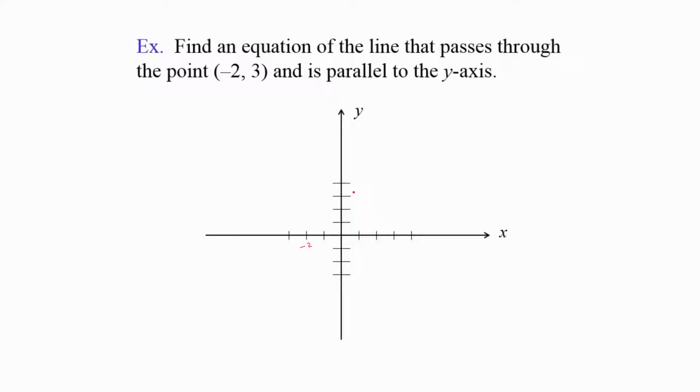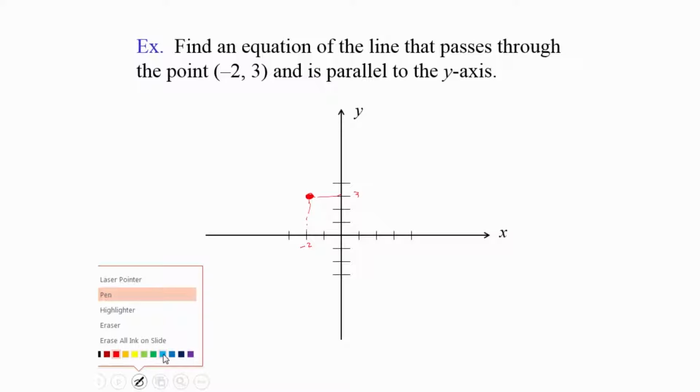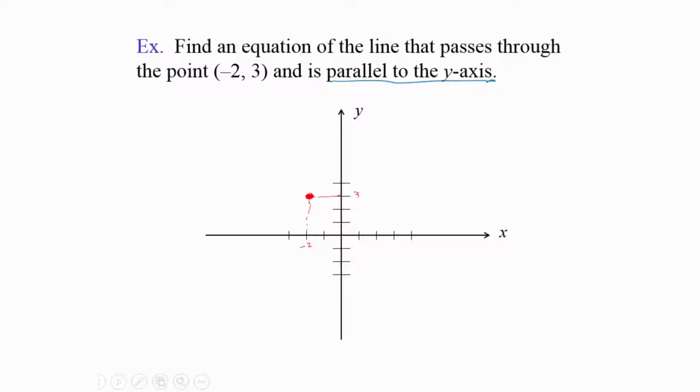Here is 3, so you come up, come here. It has to pass through this point, right? And it would be parallel to the y-axis. So it passes through this point and is parallel to the y-axis. So it's going to be a line like this.